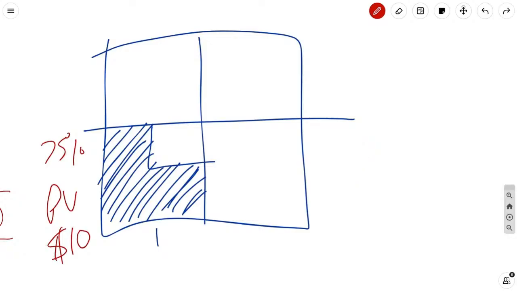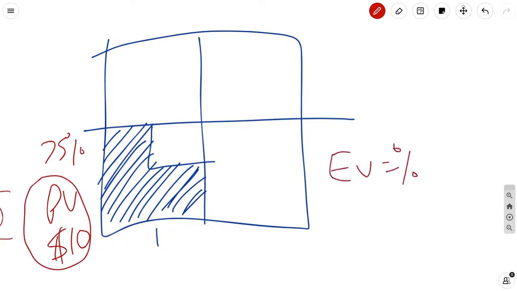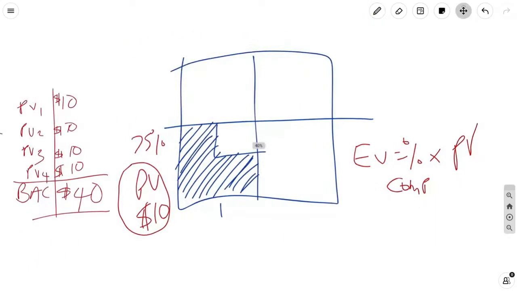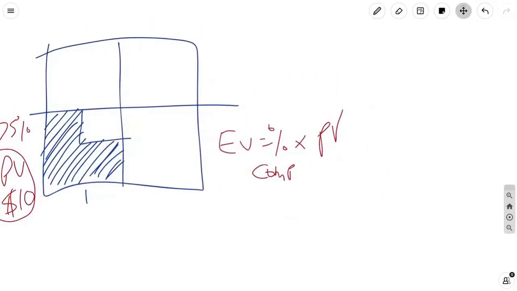And if we know the value of the entire work, the planned value was $10, then the earned value is going to be the percent complete times the planned value. Percent complete times planned value gives you earned value.